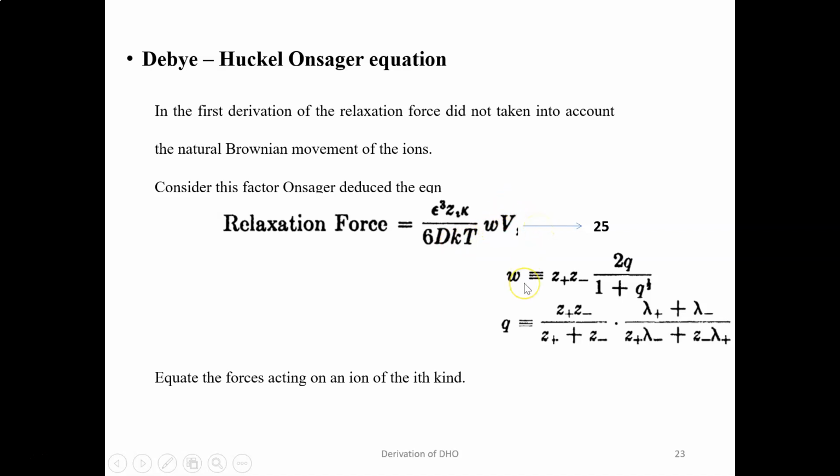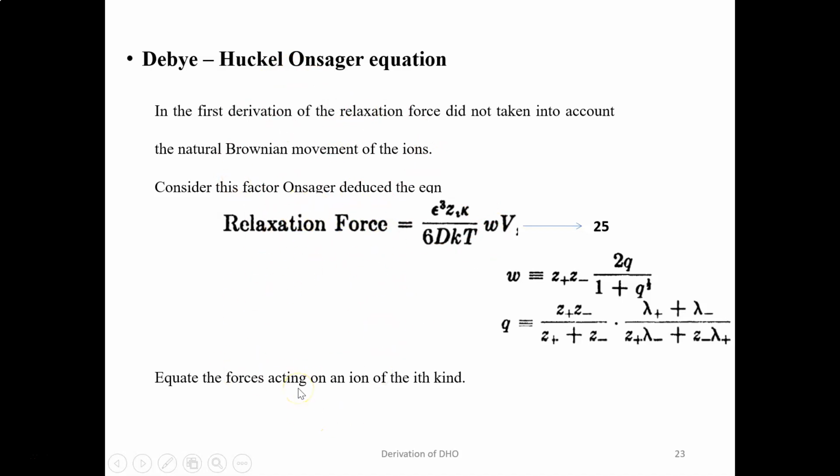Here omega will be equal to Z plus Z minus 2q divided by 1 plus q raised to 1 by 2, and the value of q is equal to Z plus Z minus divided by Z plus Z minus multiplied by lambda plus lambda minus divided by Z plus lambda minus plus Z minus lambda plus. So this is a modified equation for the relaxation force that was proposed by Debye-Huckel and proposed by Onsager.